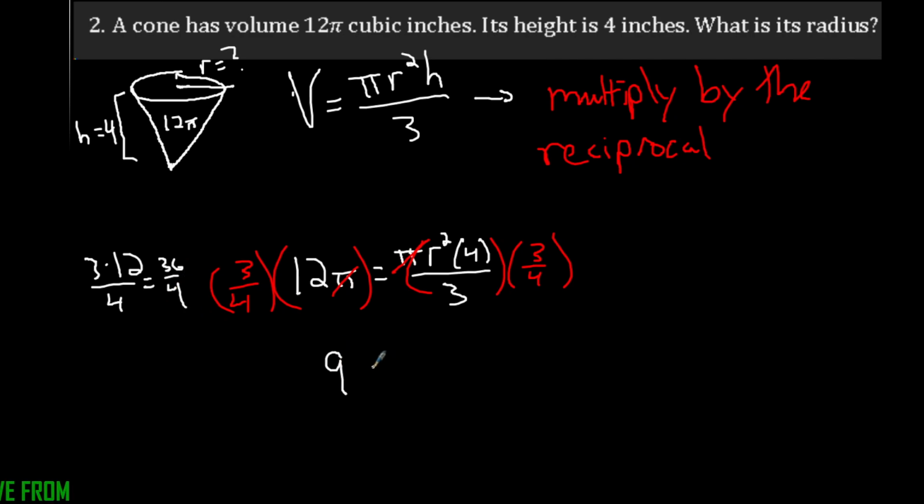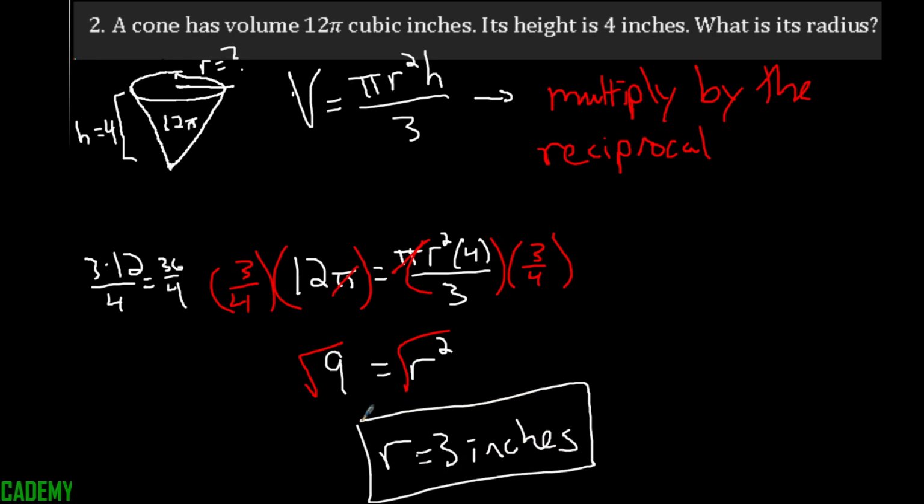So 9 is equal to r squared. Take the square root of both sides, and r equals 3 inches. So the radius for this cone is going to be 3 inches.